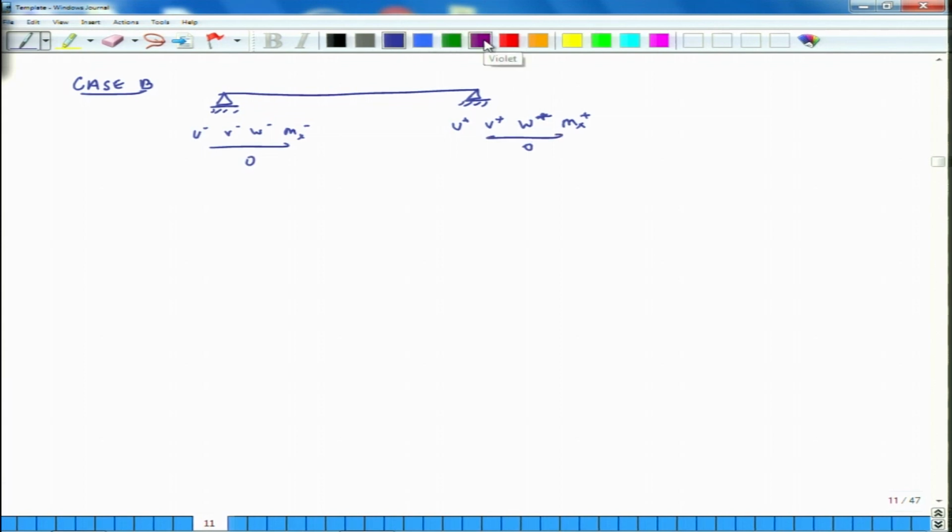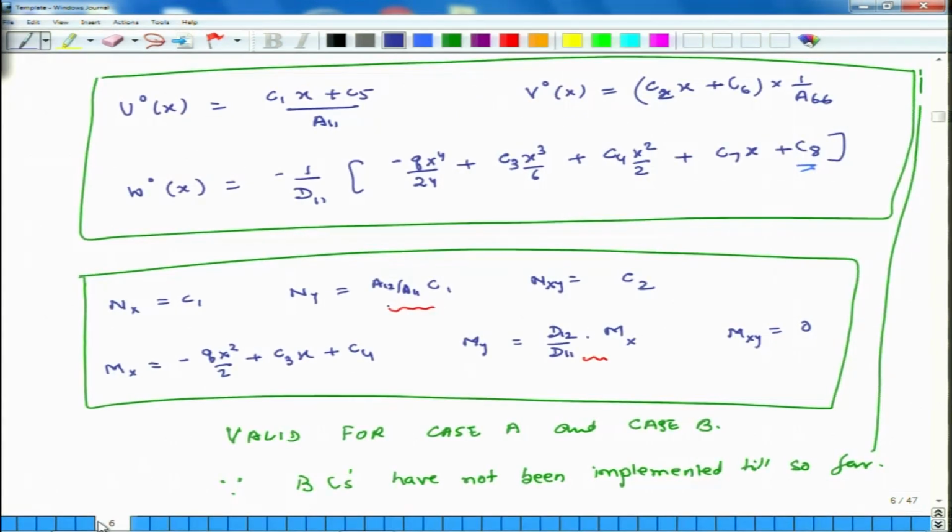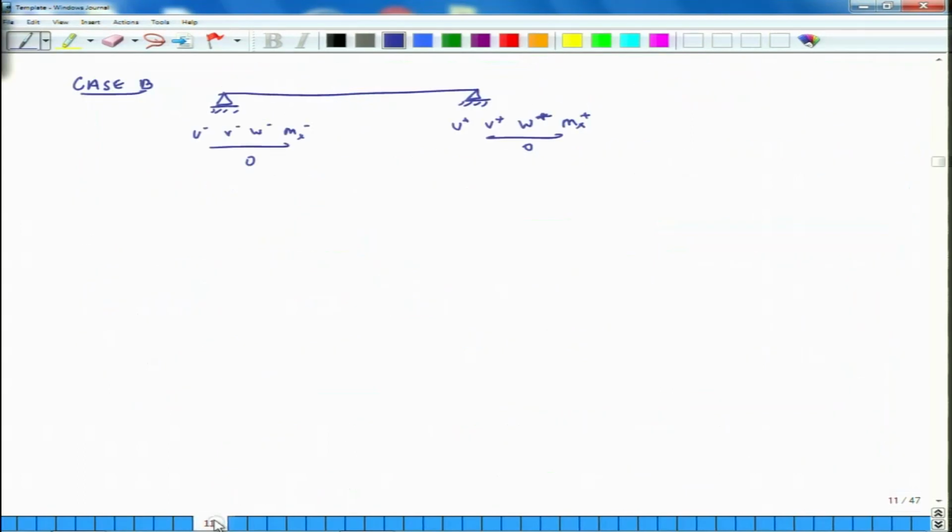And the lamination sequence is not changing; it is still 0/90 symmetric. So, the equations shown in this slide are still valid. Now we will start implementing the boundary conditions.